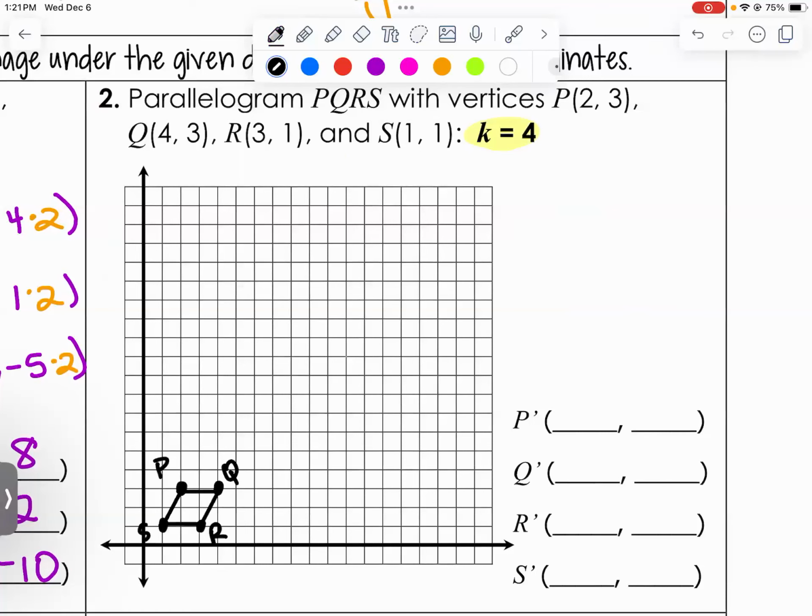What are you gonna do with this 4? What did we do with this over here? Okay, over here, we took all of the numbers and multiplied them by this K. You're gonna take all these coordinates and multiply them by 4. So what's 2 times 4?